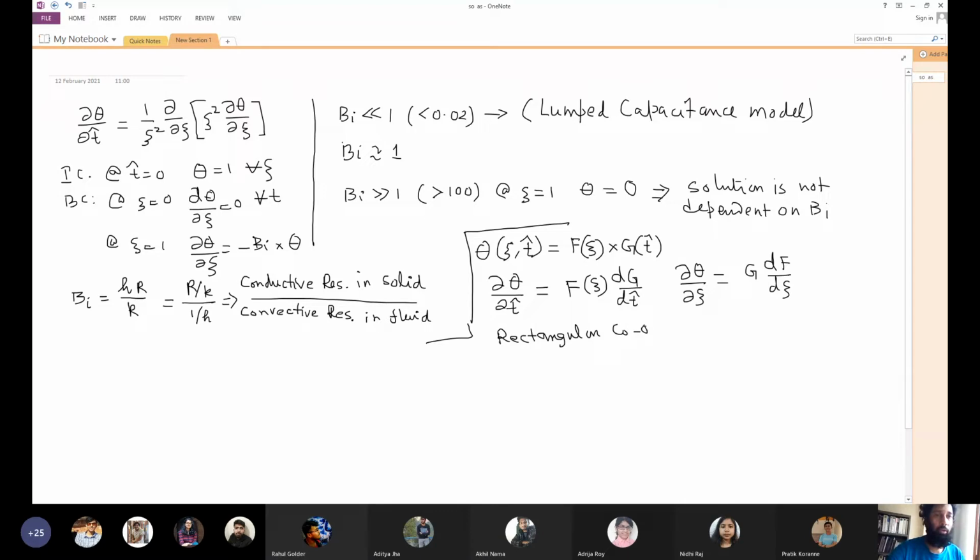In rectangular coordinates the equation will be simpler, d2 theta/d zeta 2 equals d theta/d tau, since this r square will not be there.